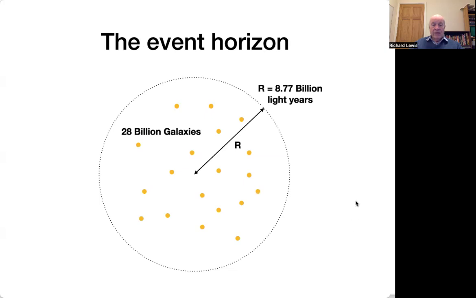So here's an illustration. We have a finite universe. This is the event horizon. And these galaxies, these 28 billion galaxies within the event horizon, result in the formation of the event horizon at this distance.